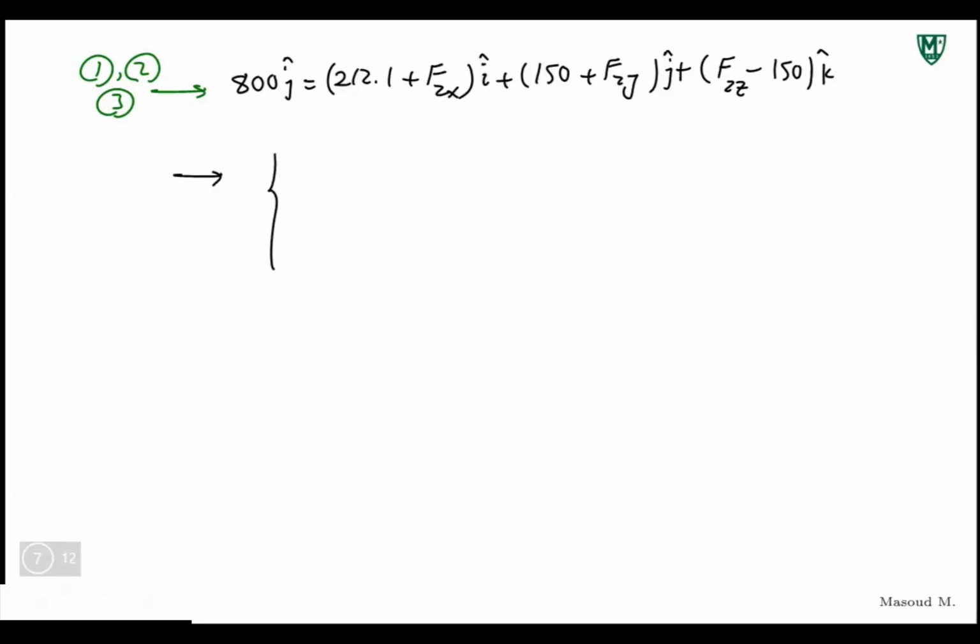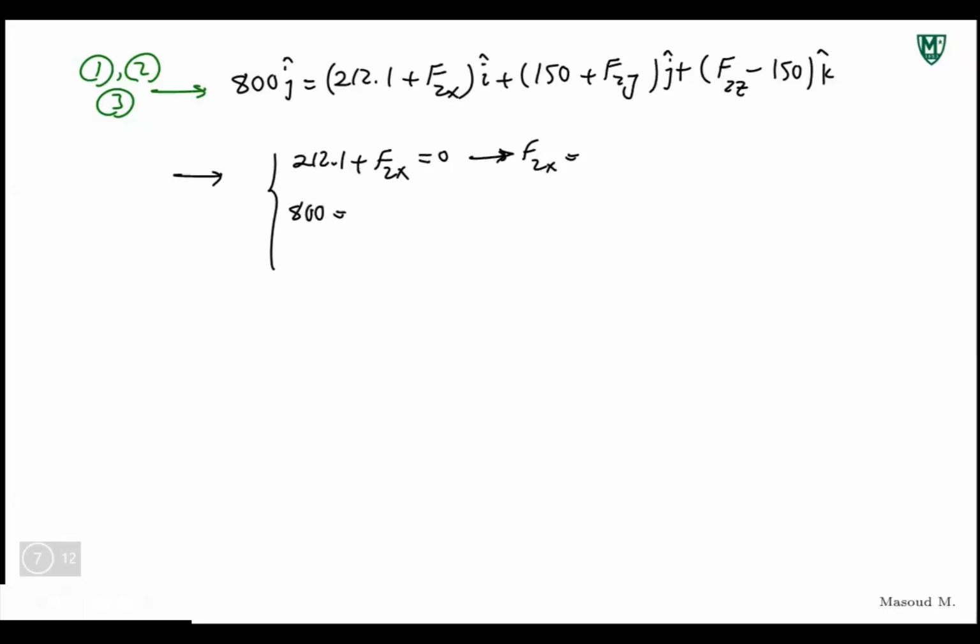Right, now looking at this, it's going to give me 3 equations. If I expand it here, looking at components in i direction, there is nothing on the left side, 0. There is 212.1 plus f2x on the right side. So this is 0. From there, you can get f2x. Looking at the components in j direction, on the left side, I have 800.